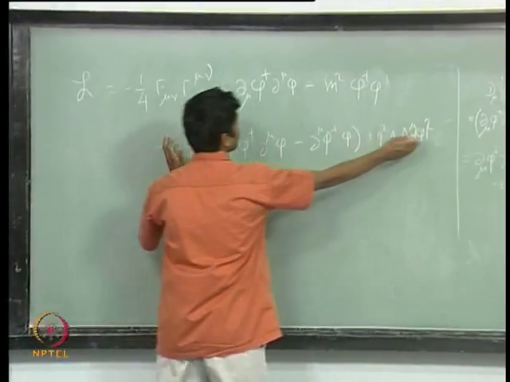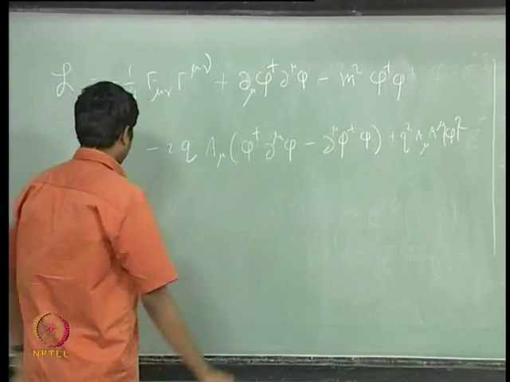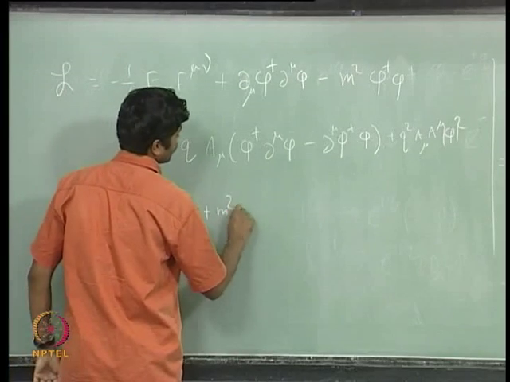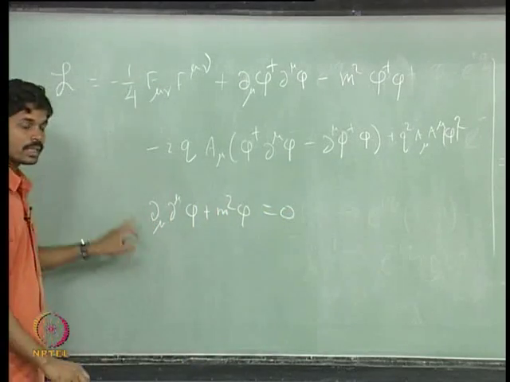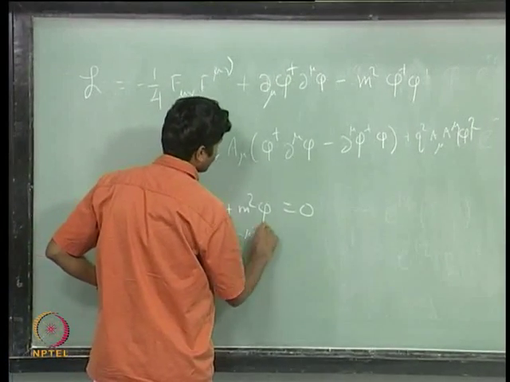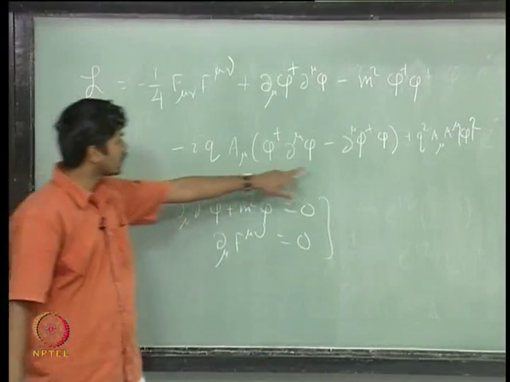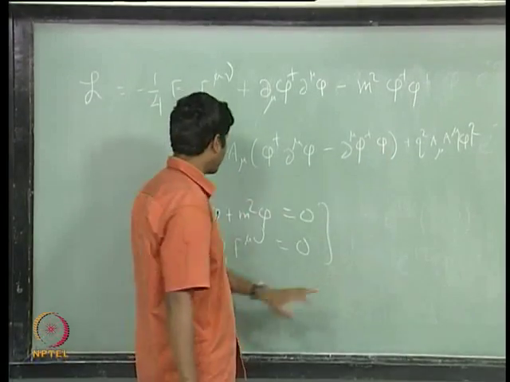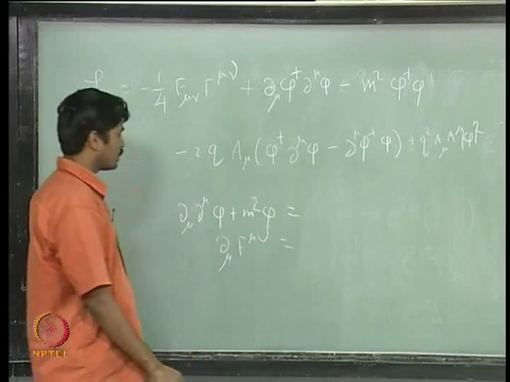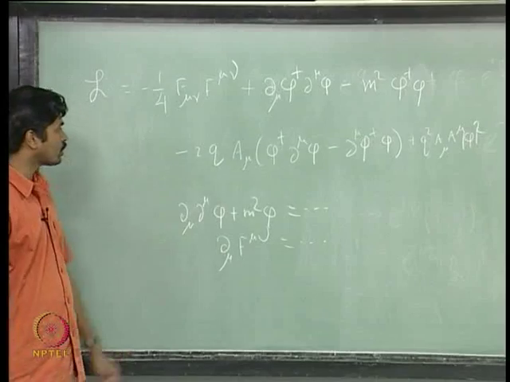So, if this term was not there, then you would have got the scalar field equation (□ + m²) φ = 0, and ∂_μ F^μν = 0 for the gauge field equation of motion. But because of the presence of this term, you will get additional terms in these equations of motion. So, what is the use of these additional terms?